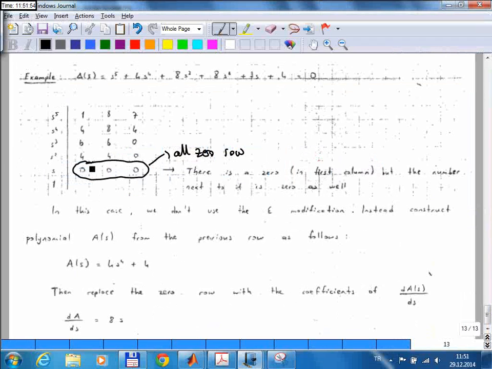Instead of putting epsilons here, you go back to the previous last non-zero row, and then you construct a polynomial from there.